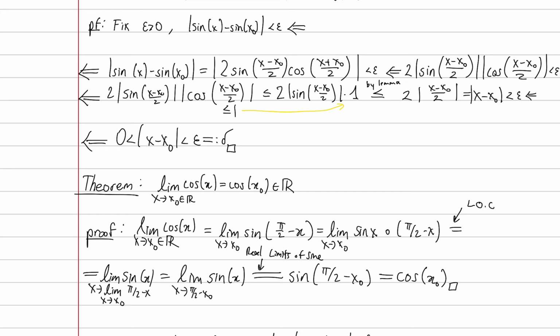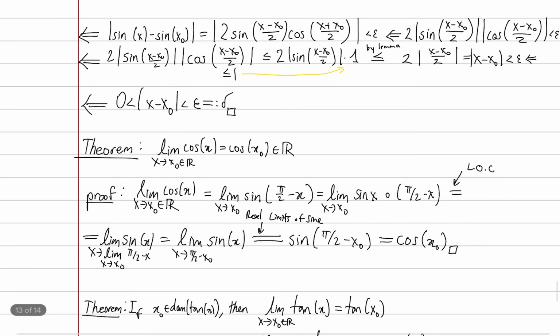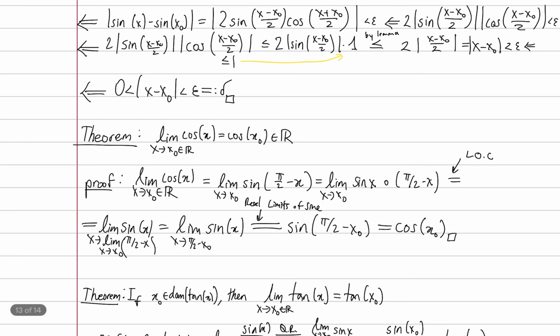That way we can use the limits of compositions to get that the limit as x approaches x naught of sine of pi over 2 minus x is equal to just the limit as x approaches x naught of pi over 2 minus x, remember, real limits of polynomials, which is pi over 2 minus x naught. And by the real limits of sine that we just proved above, it's just sine of pi over 2 minus x naught.